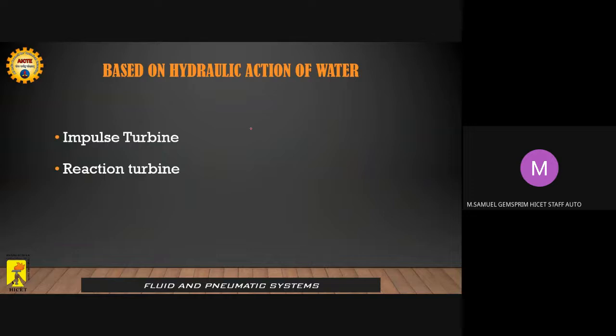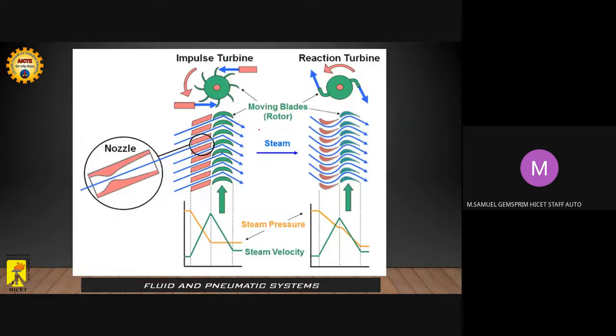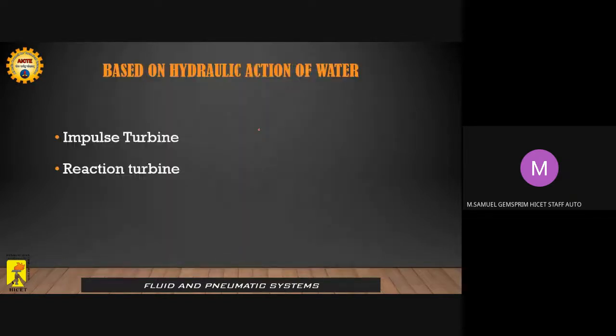It is based on the hydraulic action of water. So what is the hydraulic action of water? If only the water's kinetic energy is used, then it is known as an impulse turbine. But along with kinetic energy, if pressure energy is also utilized for the same purpose, then it is known as a reaction turbine.